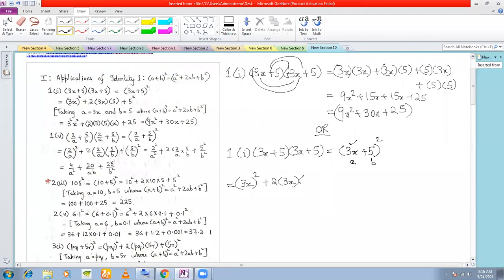b is 5, right? 2ab plus, and you have b square. So you have 5 square. So this becomes 3 square x square plus, now if you multiply these, 2 into 3 into 5 will give you 30, right?